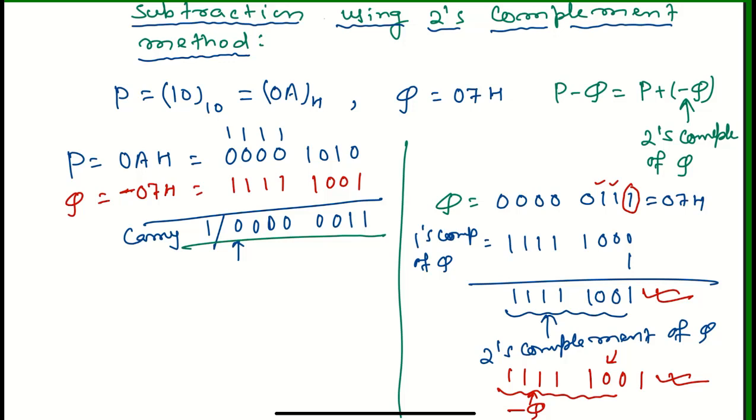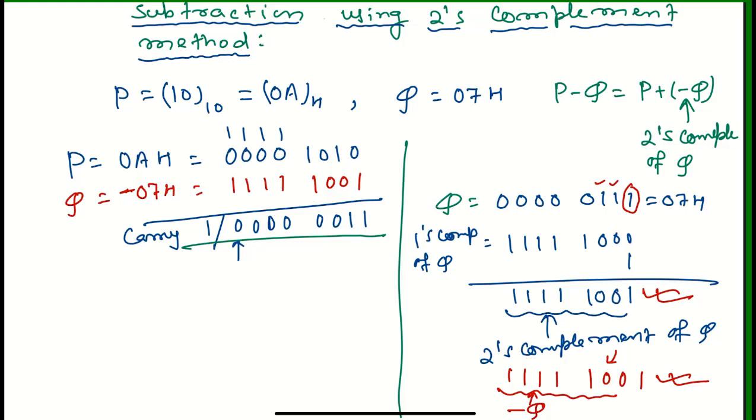So what will be performed here? In the microprocessor, how will the flags be updated? This carry will be complemented. Whatever carry we got here as 1 in 8085, if the carry is coming 1 in 8085, it is made 0.